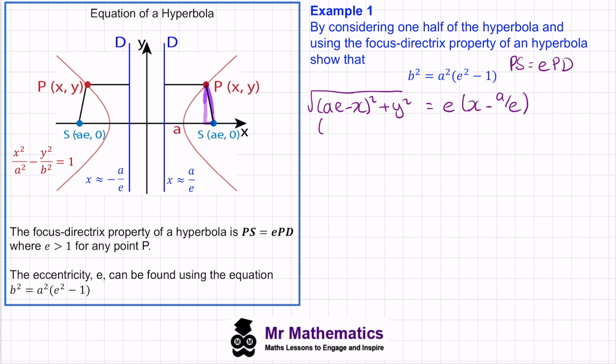So now we get (ae minus x) all squared plus the y squared will equal e squared lots of (x minus a over e) all squared.